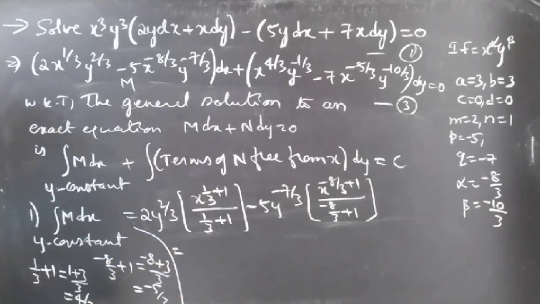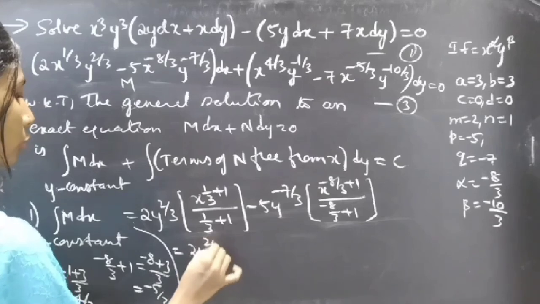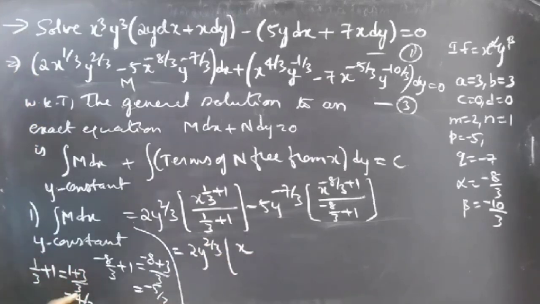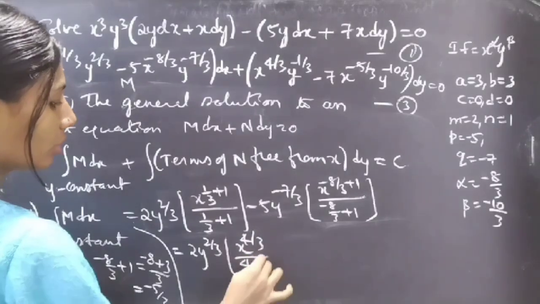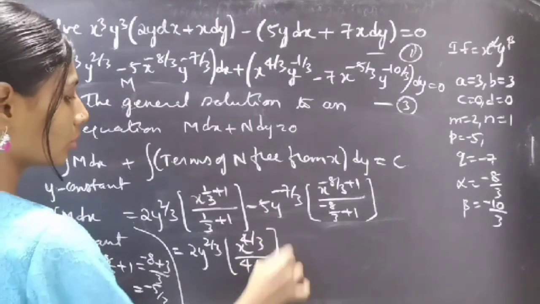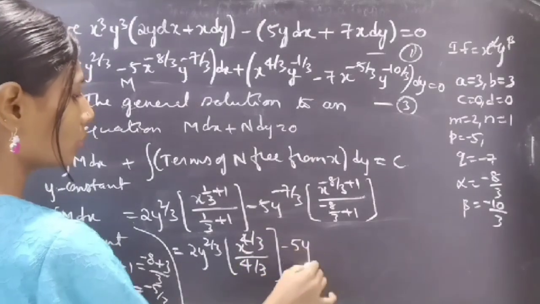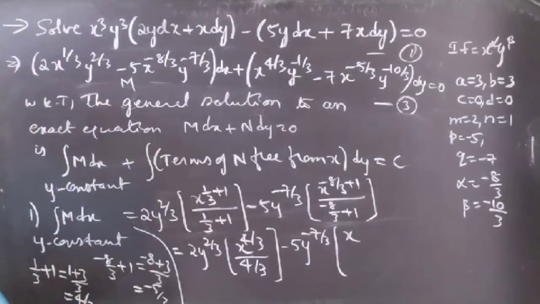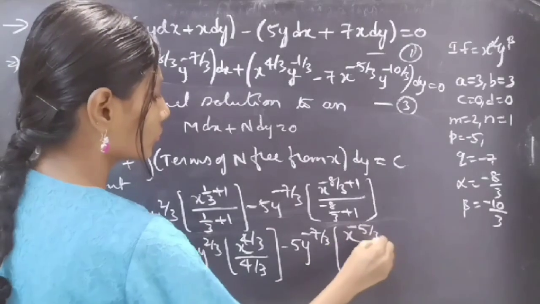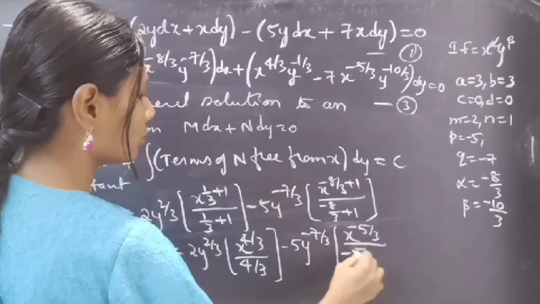This gives us, coming to the first integral, 2 y power 2 by 3 into x power 4 by 3 by 4 by 3, minus 5 into y power minus 7 by 3 into x power minus 8 by 3 plus 1, which is minus 5 by 3, by minus 5 by 3.